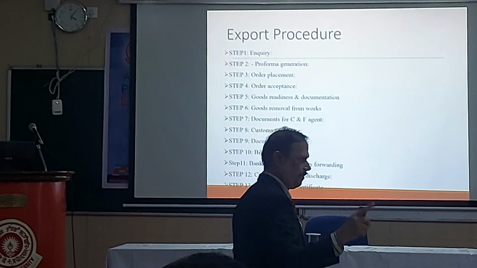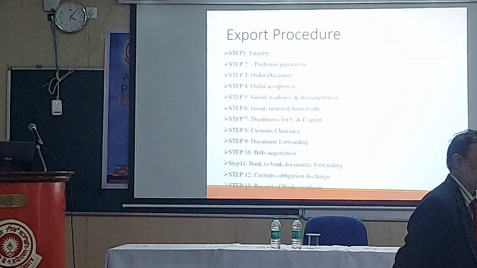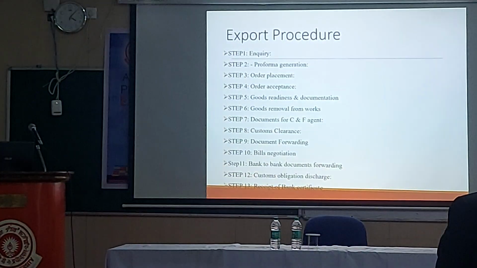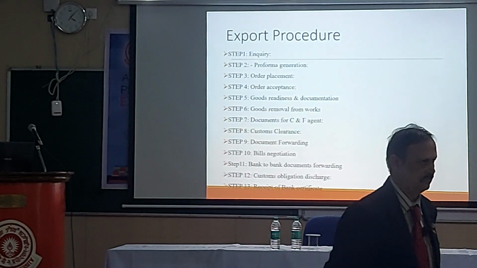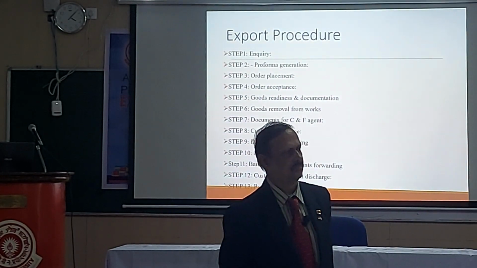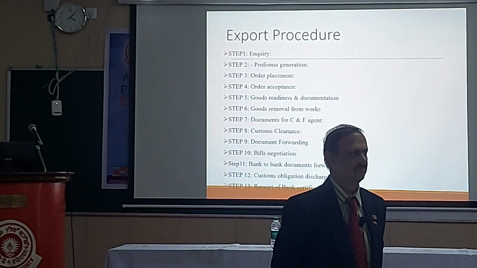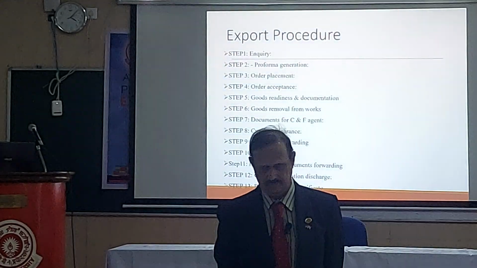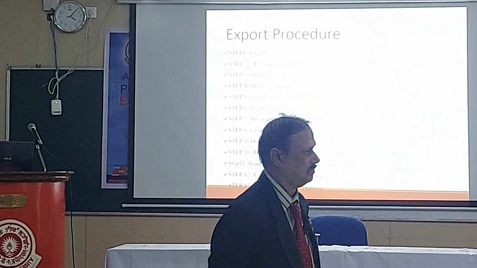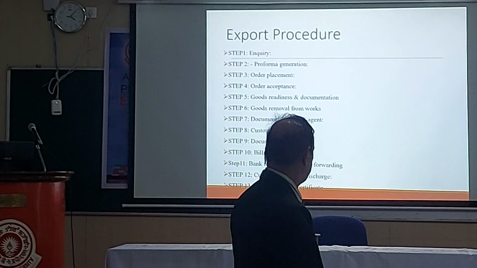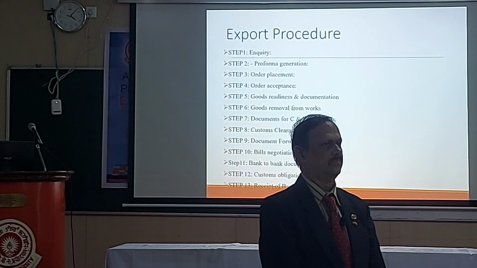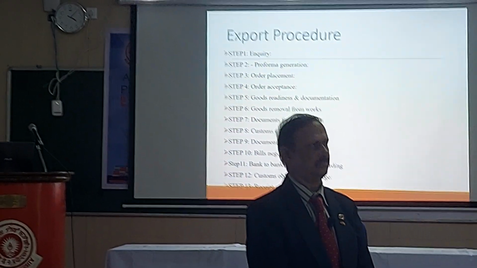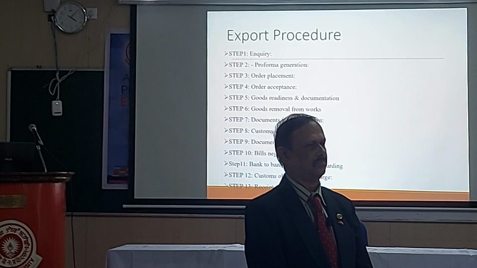ECGC will also help before you make any shipment of goods. If you approach ECGC, they have something called a tracking of ban list. Suppose there is a person who is not financially sound, or maybe a political person, or any person to whom you should not ship goods. Then how do you come to know? You have got an order from him, and you are shipping the goods to him, right?